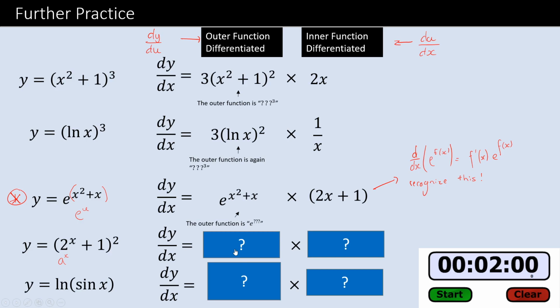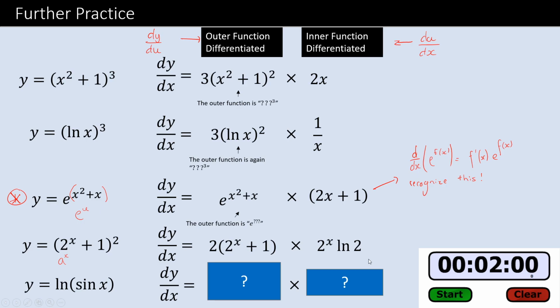If I differentiate h squared, I get 2h to the power of 1. The question is, what does the inner function, that bracket, differentiate to? Well, the 1 will disappear, it won't become anything. So differentiating 2 to the power of x, what we get is 2 to the power of x times that constant term that we get from having a different base, which is ln of that number.